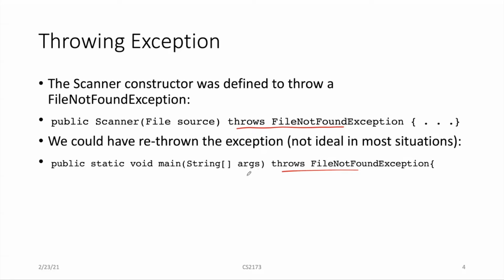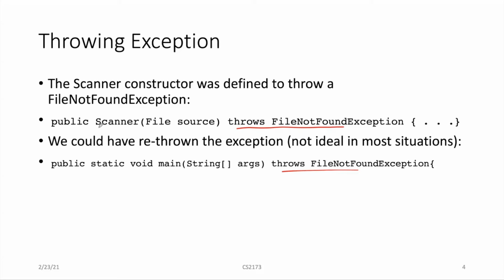In other words, the scanner class doesn't know what the user wants to do. So if this is embedded in a graphical user interface, for example, and you try to scan a file that's not there, that throws the file not found exception, what you might want to do is throw a pop-up dialog, which you've probably encountered in other applications, saying, hey, this file isn't found, pick another one.